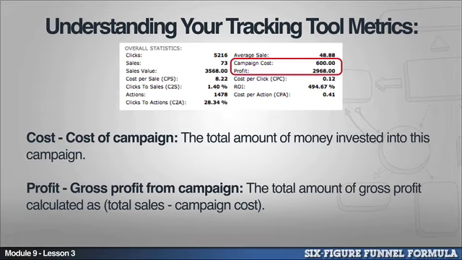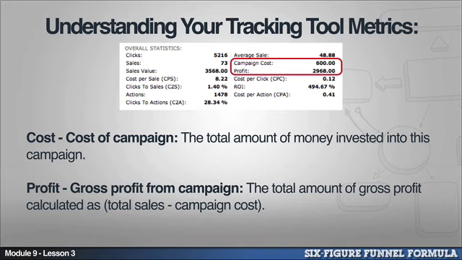Profit is just that. It's the total amount of gross profit from this campaign, and it's calculated based on the total sales value minus the campaign cost. So it will take the sales value, in this case the $3,568, and subtract the $600 campaign cost, giving us a gross profit of $2,968.